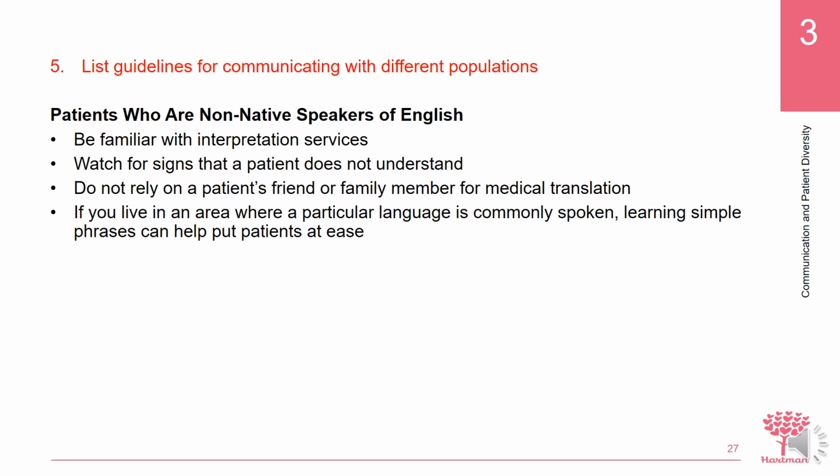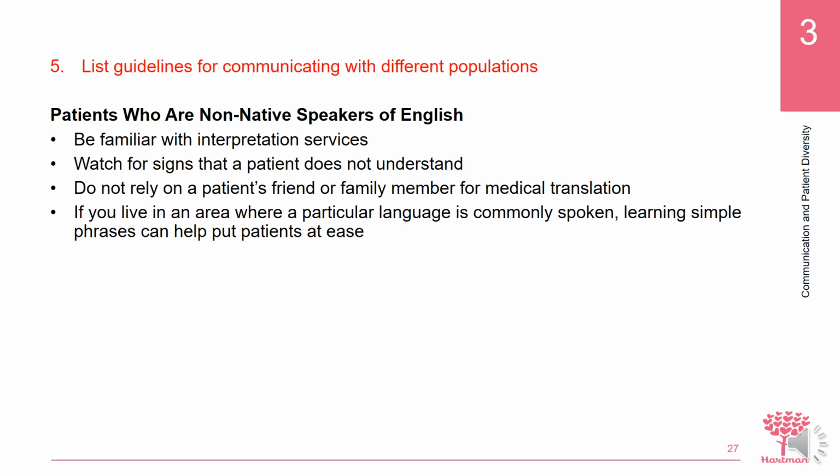So some guidelines for non-native speakers of English would include: 1. Be familiar with the interpretation services available at your facility and use them when they are needed. It's better to use a professional interpretation service than a coworker or a family member, because you have a legally documented interaction. Watch for signs that the patient does not understand what you're saying.